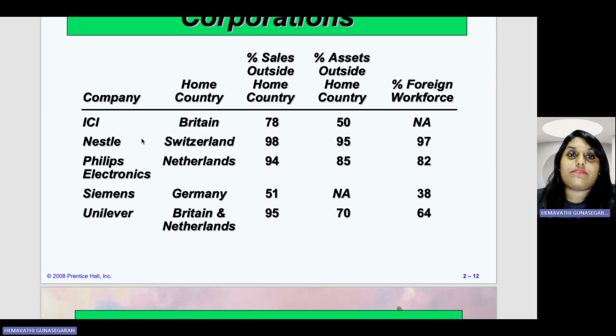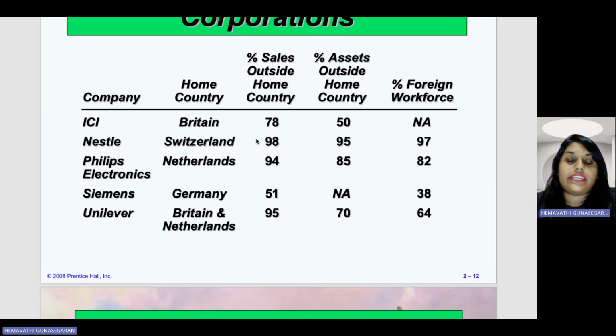This company is from Switzerland, which is its home country, but when you look at the percentage of sales outside the home country, Nestle holds 98 percent, which means only 2% of their sales are from Switzerland.